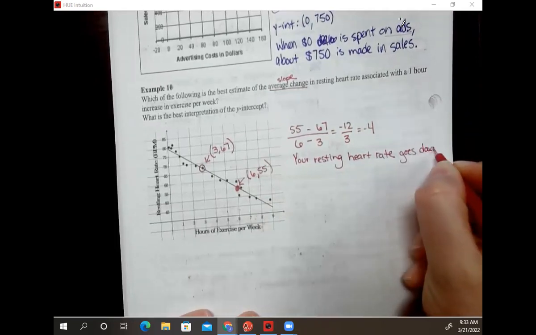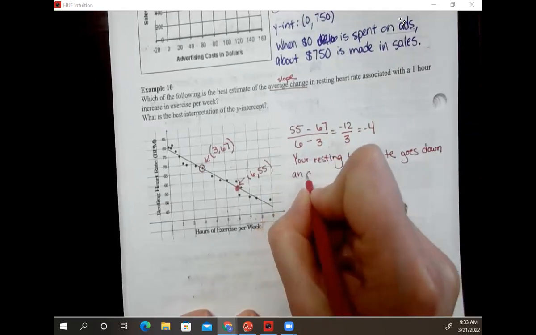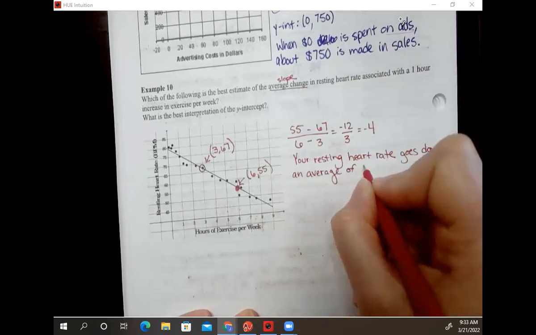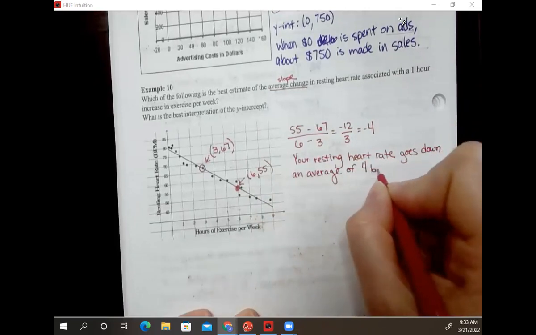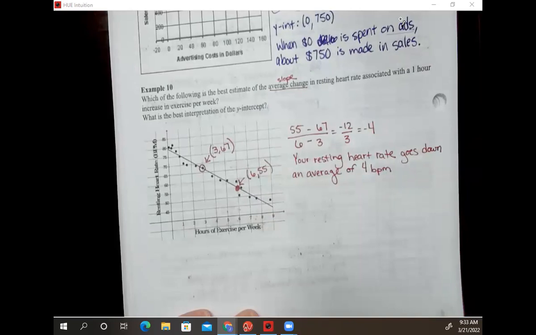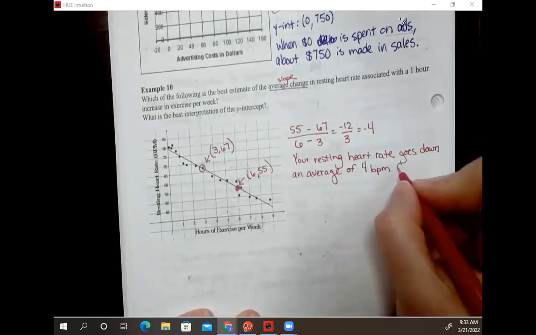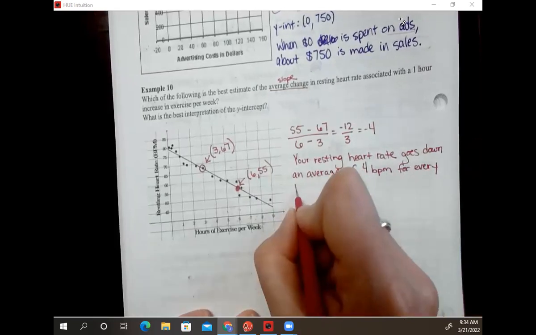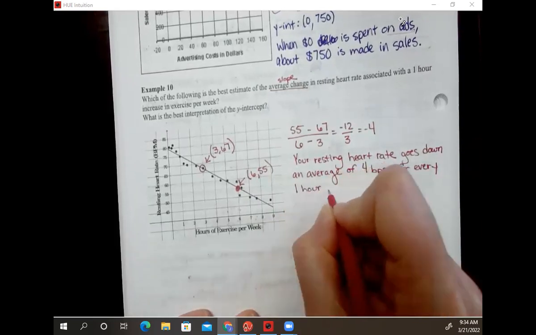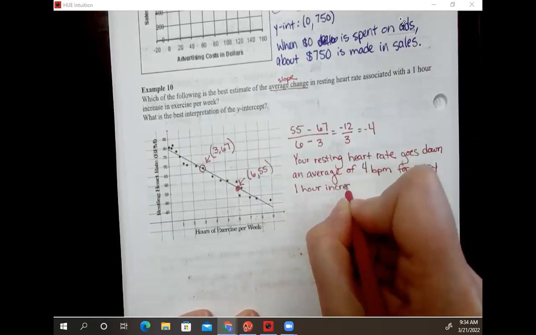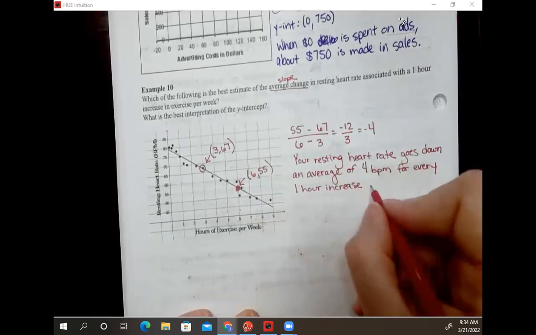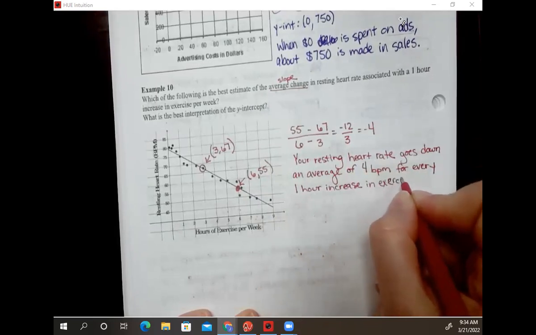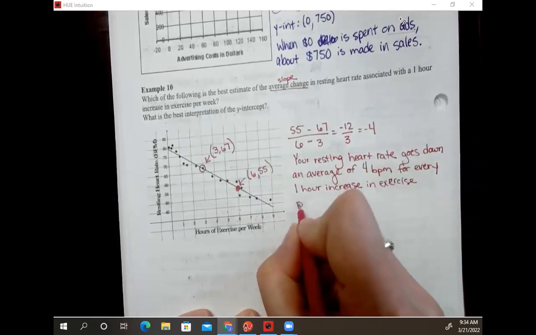Goes down an average of 4 beats per minute for every 1 hour increase in exercise per week.